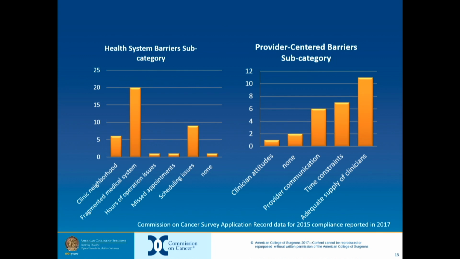So of the 38 programs identifying a health system barrier, this breakdown shows that a fragmented system was most often identified as the significant barrier, and of the 27 programs identifying a provider barrier, this breakdown shows that workforce shortages were a significant challenge.